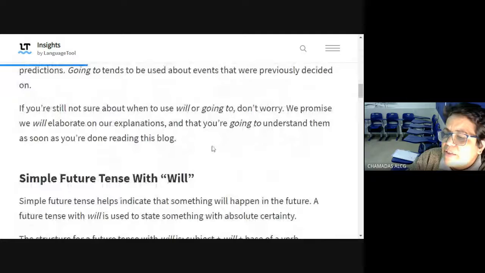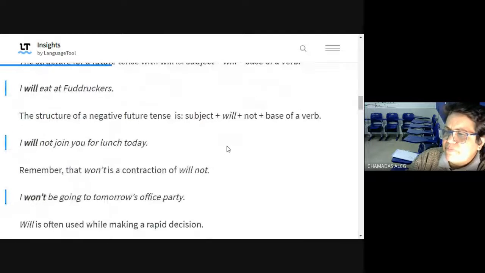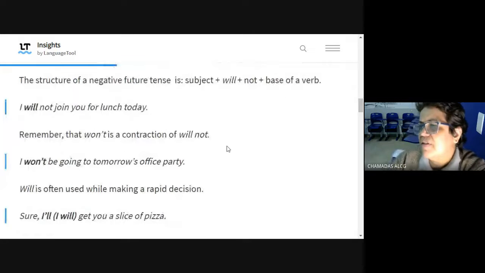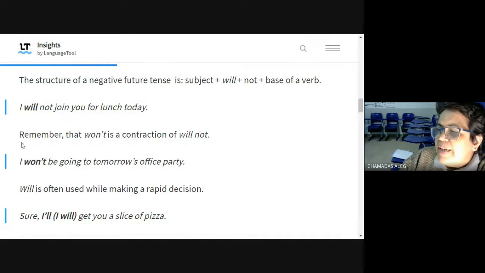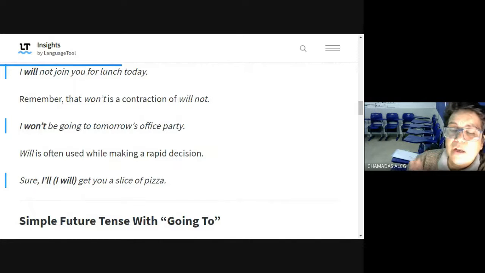Here we have more explanation about it, okay? So here, they give us a very nice explanation when we are using the negative with will. So here we can say, I will not join you for lunch today. So this is something that maybe you decided right now, or you're just letting the other person know your decision.